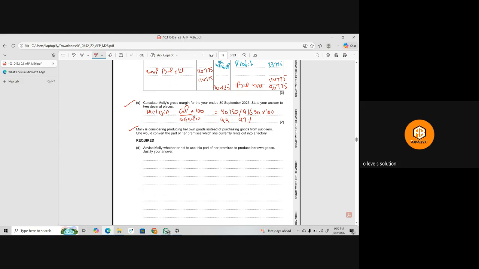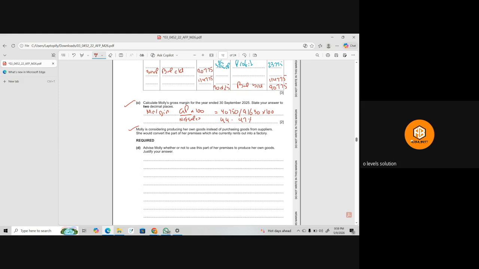Points against, we can write, is that there will be a loss of rental income, and additional capital expenditure required for machinery, equipment, etc. So Molly should not convert the premises. The guaranteed rental income, which we saw above, would be lost, and setting up production requires significant investment and expertise, which she may not have.